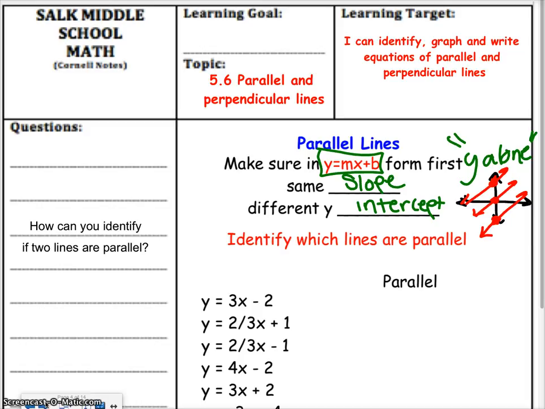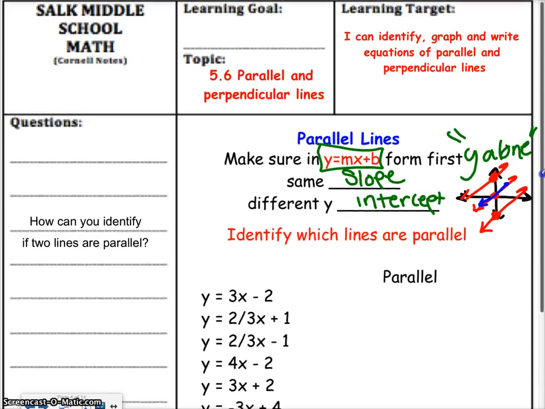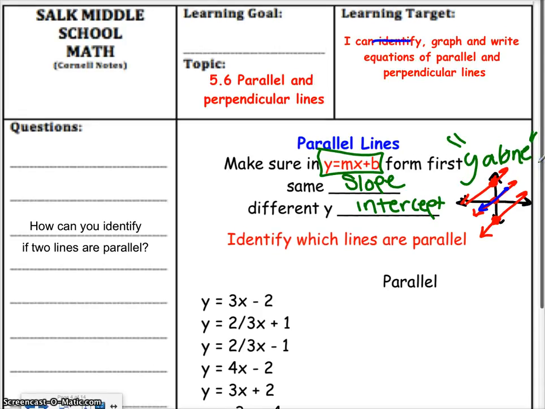Because if their y-intercepts were the same, it would just be the same line. Okay, that's what I mean. So you can't say that these two lines are parallel, they're the same thing. All right, so remember, your target, identify parallel lines. Compare slopes, that's all you do. If the slopes are the same, they're parallel. If they're not, they're not.